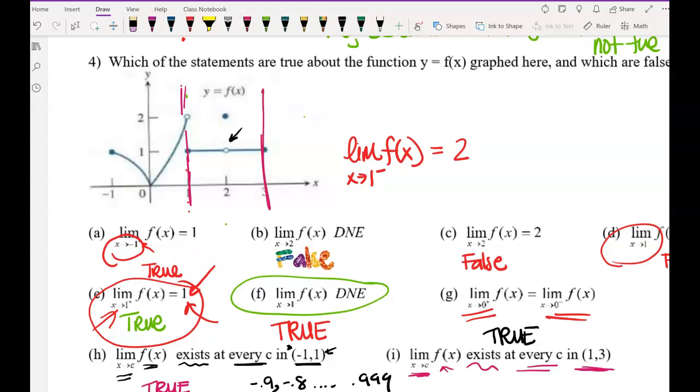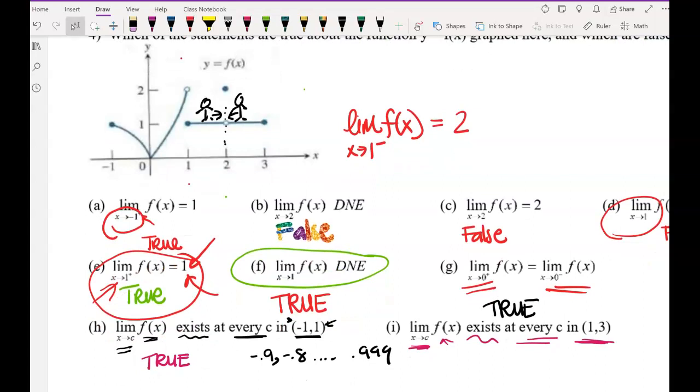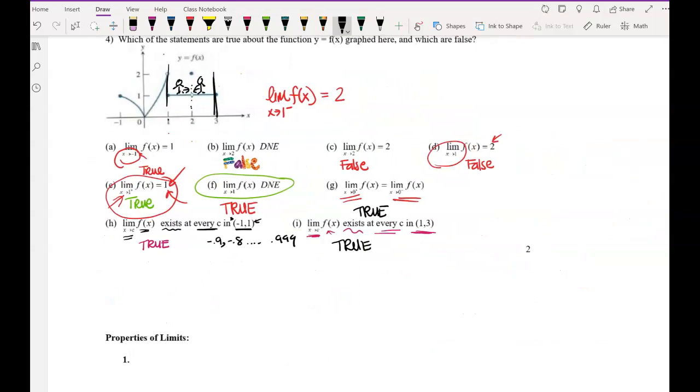The limit does not necessarily mean it has to be continuous. But if there's a hole, we just have to make sure that the right side and the left side toward that hole, that non-continuous piece, are the same. And as we both are creeping towards an x value of 2, both y is 1. So therefore, the limit does exist at x equals 2. So this is also true. Let me pinch it in to see if I didn't miss anything else.